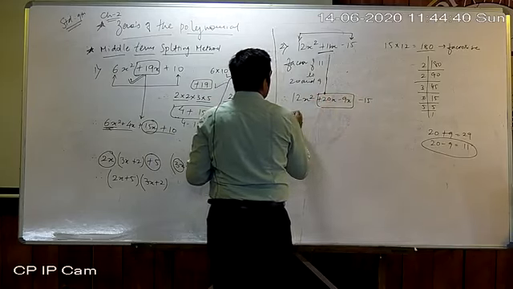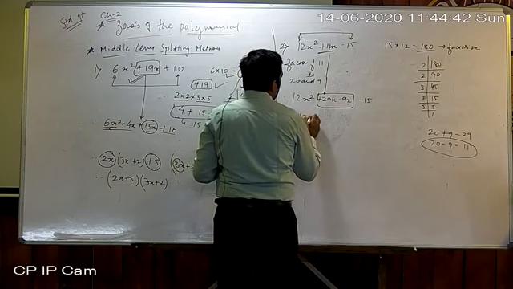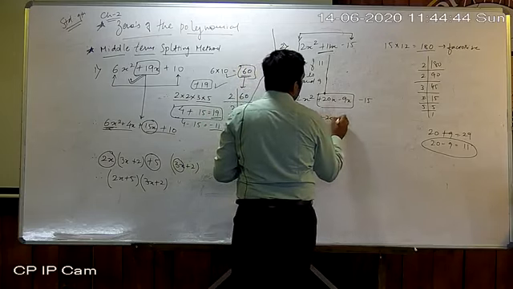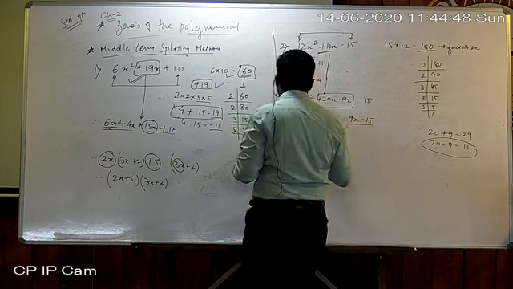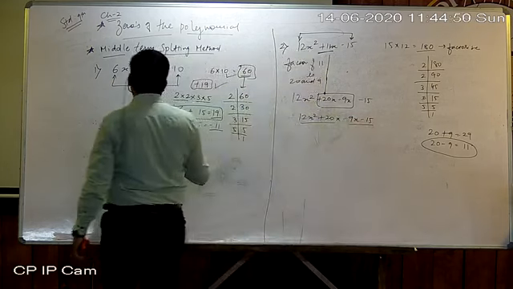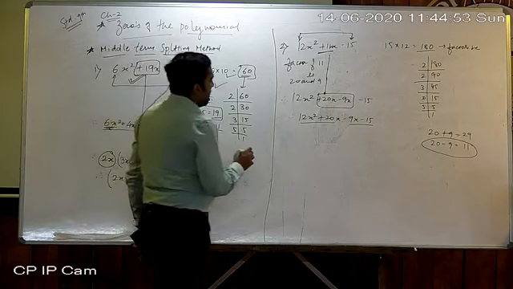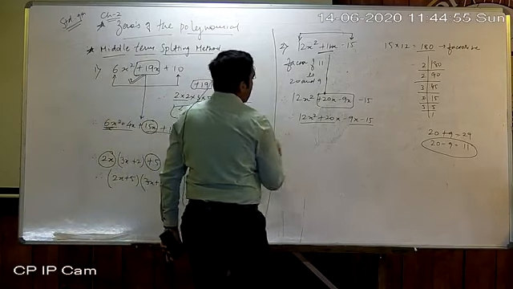Okay, so now split the first two terms and the second two terms. Now take common numbers.